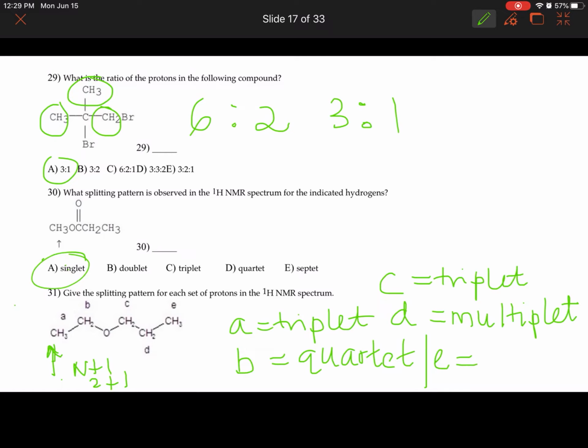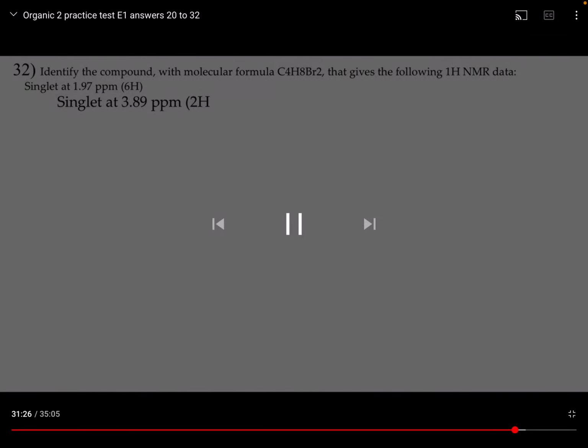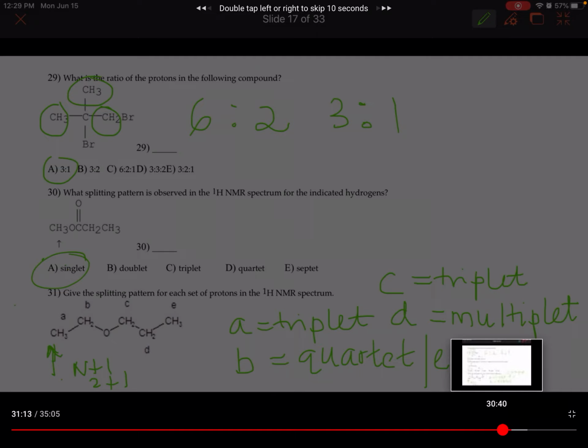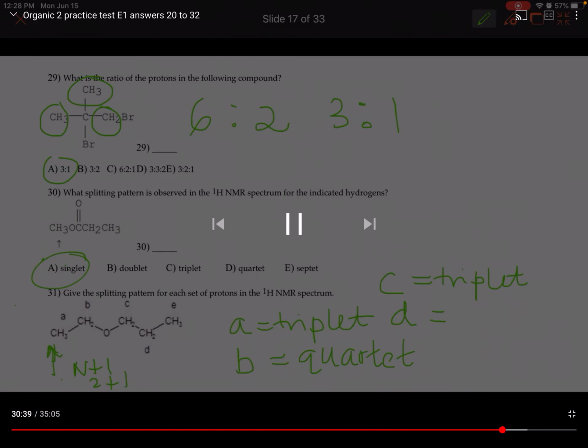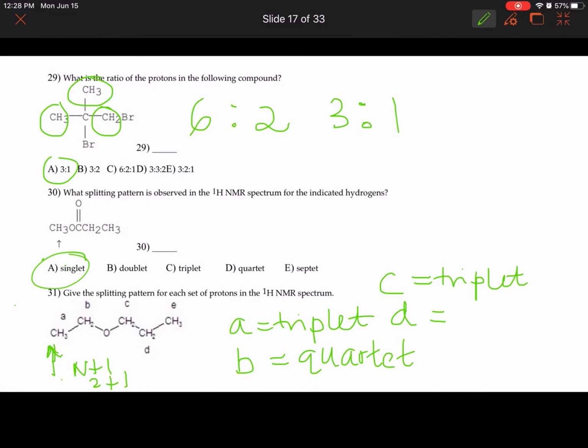So as a result, we will see D as a multiplet. And E would be a triplet because there are 3 hydrogens on the carbon E. It would be split by the 2 hydrogens on the carbon D. Since it's 2, 2 plus 1 would be a triplet. E would be a triplet.